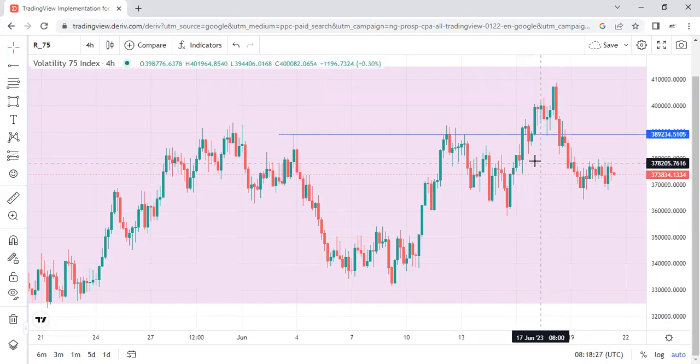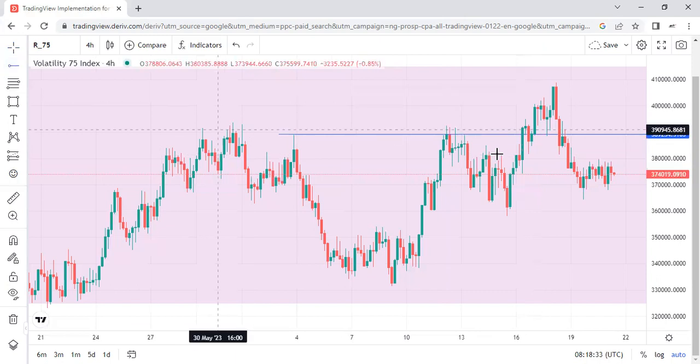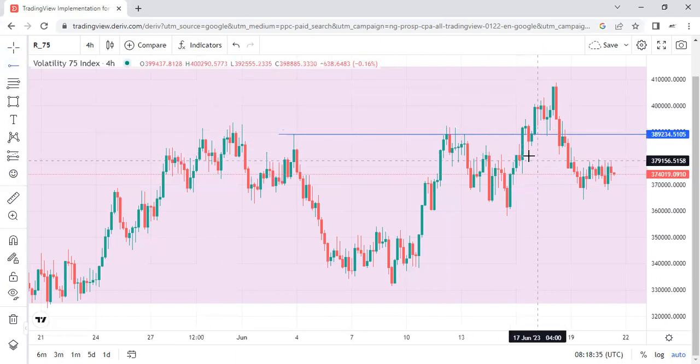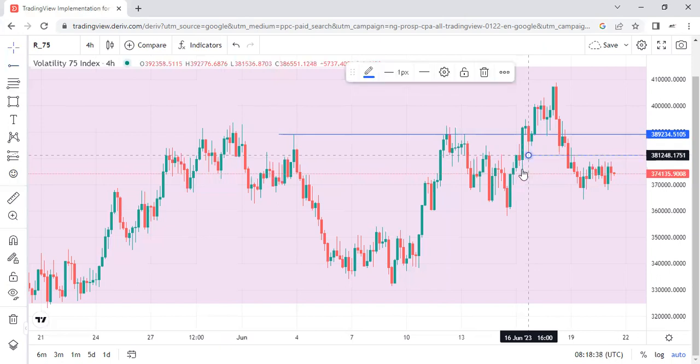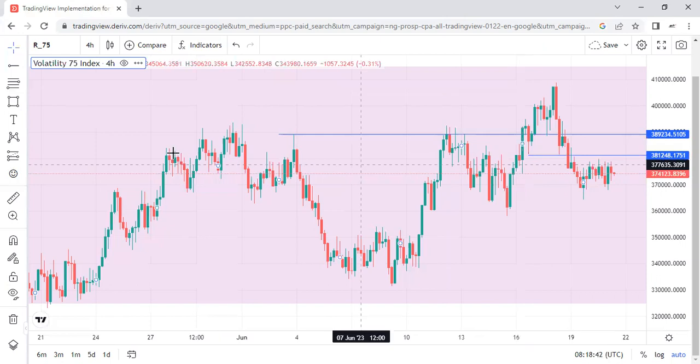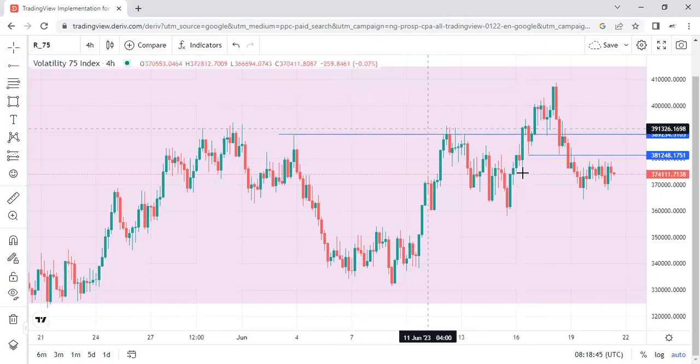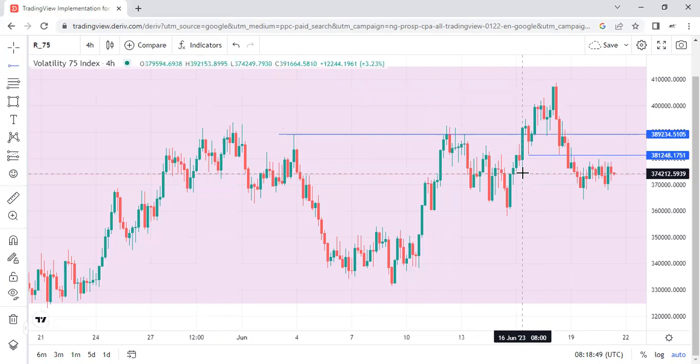Where is an internal liquidity? We can see it at the previous day low. This is where liquidity lies. There's liquidity here. There's liquidity here. There's liquidity here.